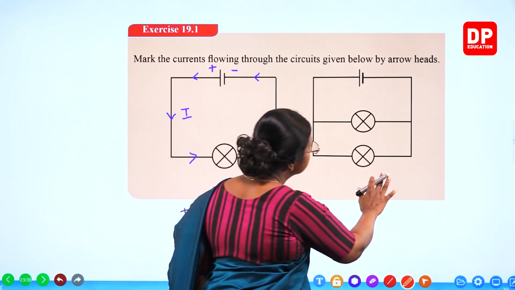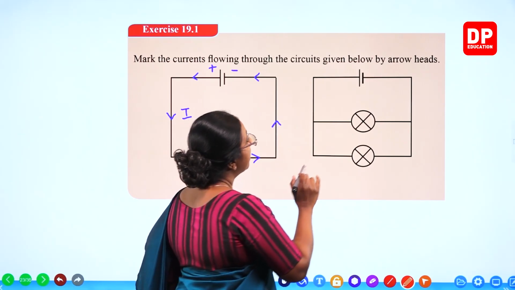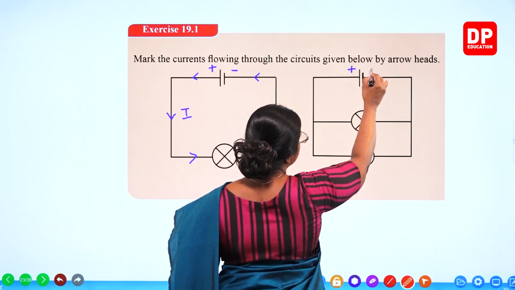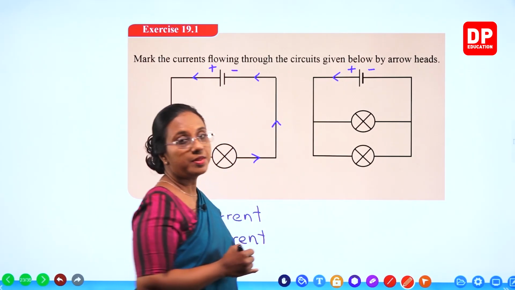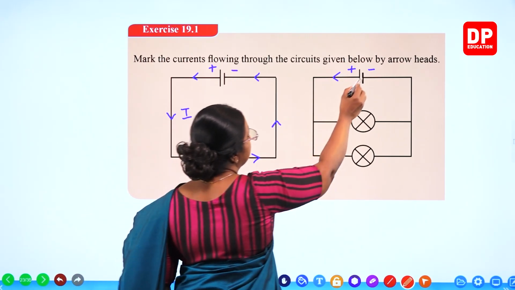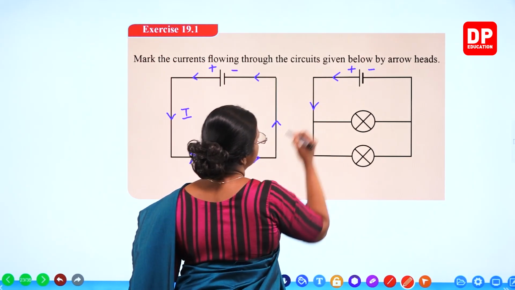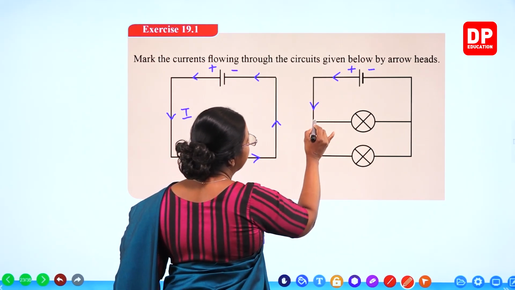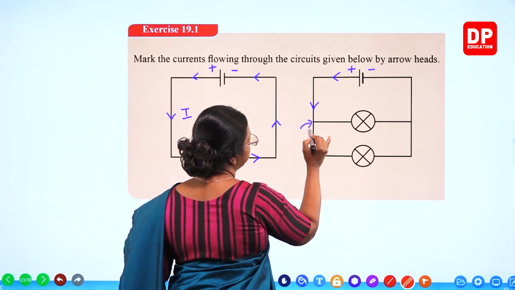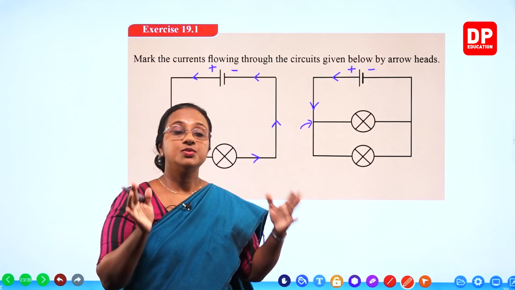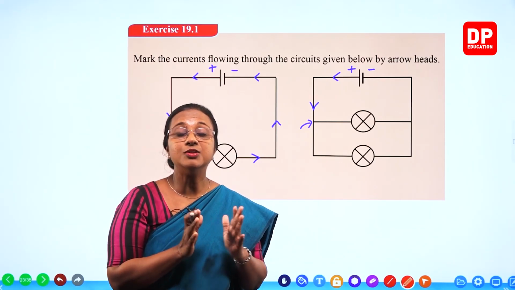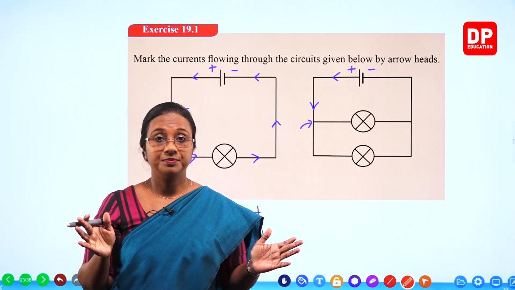But if you look at the second circuit, here also this is the positive terminal and negative terminal. So current starts to flow from the positive terminal, through the conducting wire, up to this point. But at this point, there are 2 paths. So what will happen is the current will divide.